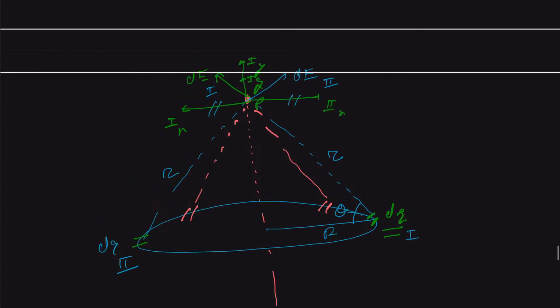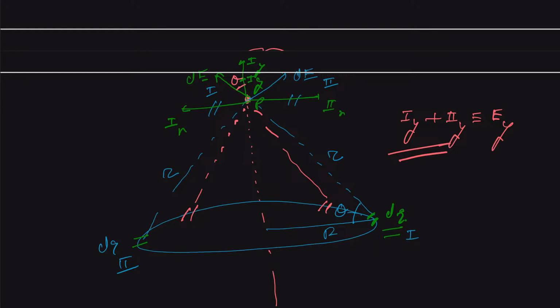So the net electric field will be the summation of the first y component plus the second y component. This angle will also be equal to theta, which we can easily find with the help of geometry. So the net electric field will always be in the y direction.